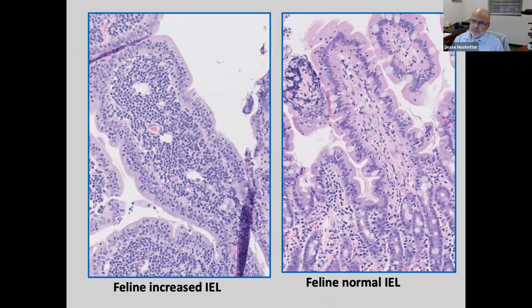But you have to differentiate this from epitheliotropic lymphoma. I think in this particular case I'm showing, this actually was a case of epitheliotropic lymphoma. And we see a real high number, a big increase of intraepithelial lymphocytes in the surface epithelium and in the crypts of a cat, maybe something that would give you pause and make you think about a neoplastic process.